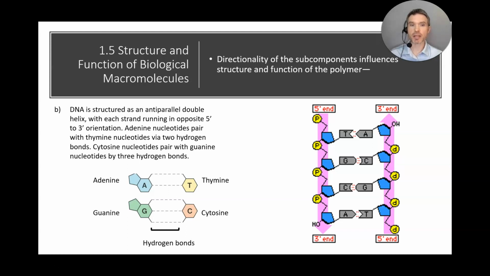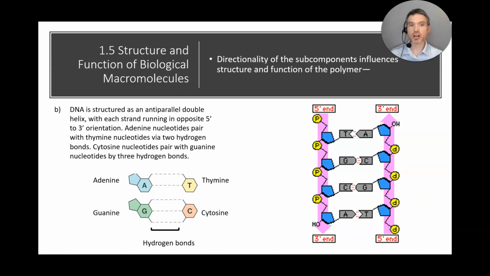As I described in the last slide, the 5' end of the nucleotide strand is where the phosphate is. The 3' end of the nucleotide strand is the sugar residue, or the OH free available.